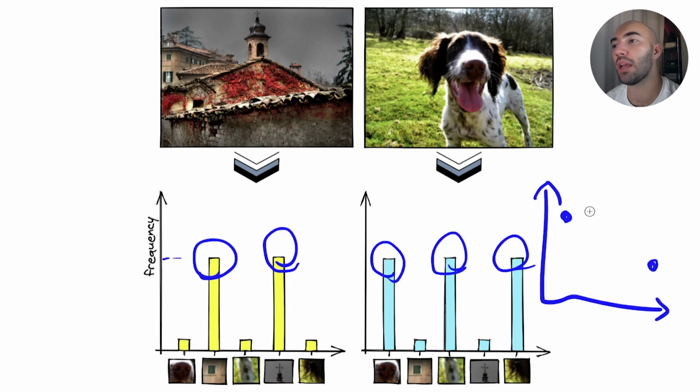So if maybe we had another dog image, and because it has many of the similar visual words, it will be plotted in a similar vector space. So that means that the angle between these 2 here will be a lot smaller, right? When you compare it to the angle between either of those and this one here, okay? And then we're going to calculate cosine similarity between them, and we'll see that the cosine similarity between our more similar images with similar visual words, they are more similar.